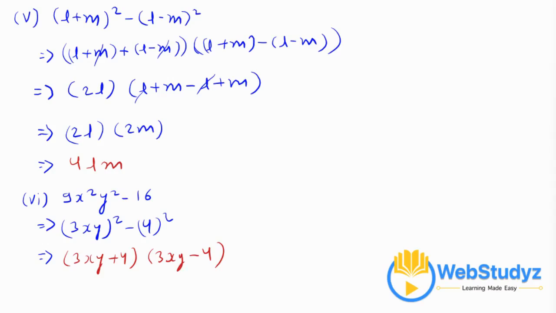Now move on to the seventh one, that is x square minus 2xy plus y square minus z square. So we can write this as, inside it is an identity of a minus b whole square.